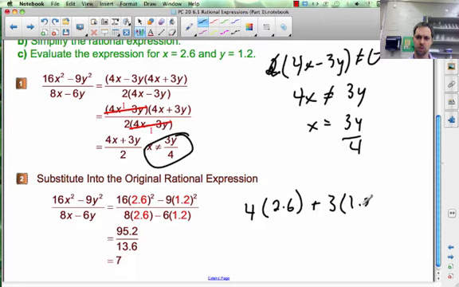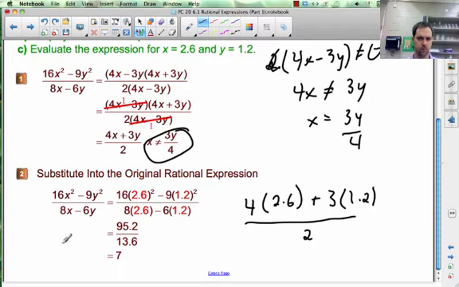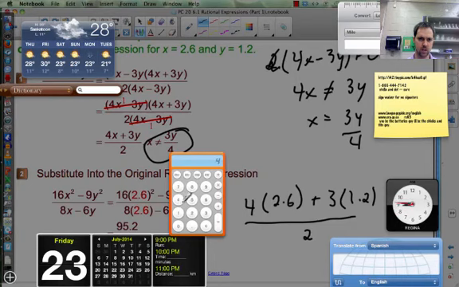So y is 1.2, x is 2.6, and then divide this whole thing by 2. Okay. So 4 times 2.6 gives you 10.4.